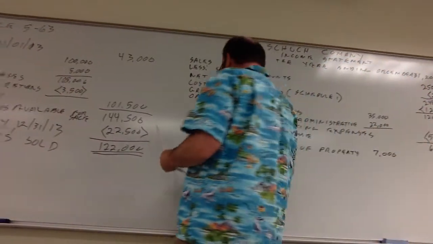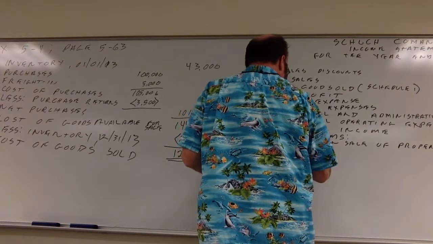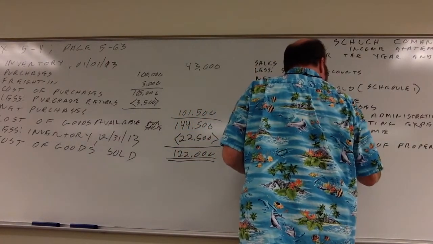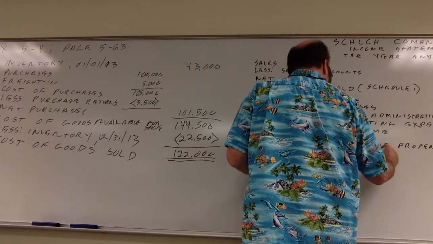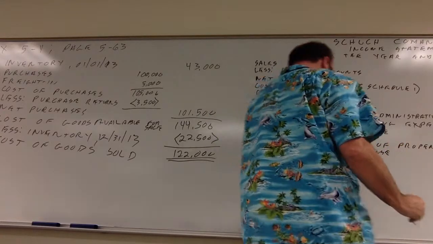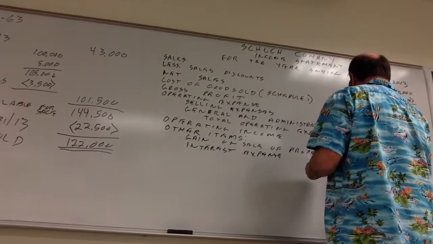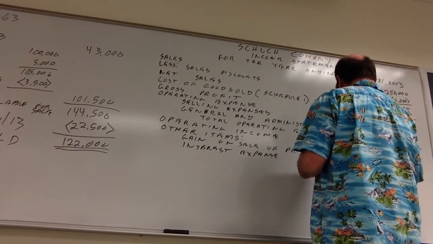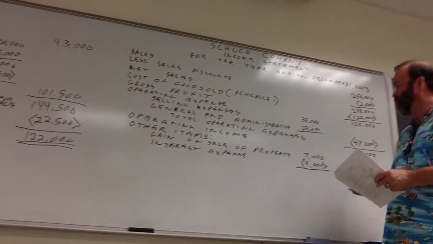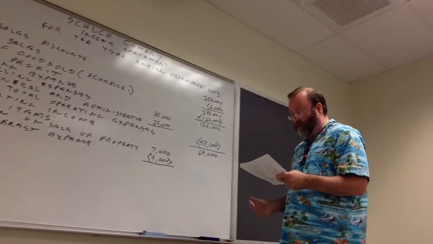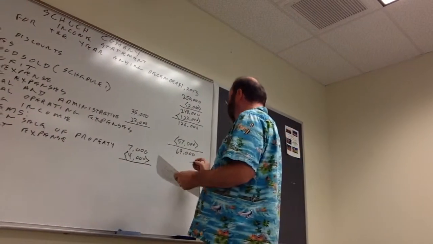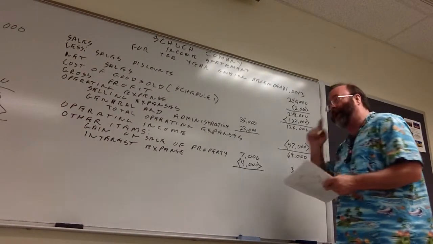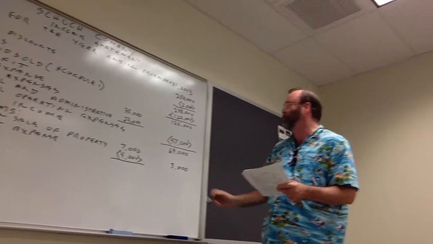And then you've got interest expense of $4,000. So here once again I'm mixing positive numbers and negative numbers, so I need to put brackets around the negatives. So that gives us a net of other items of $3,000.